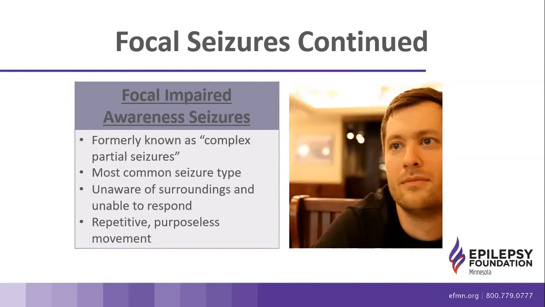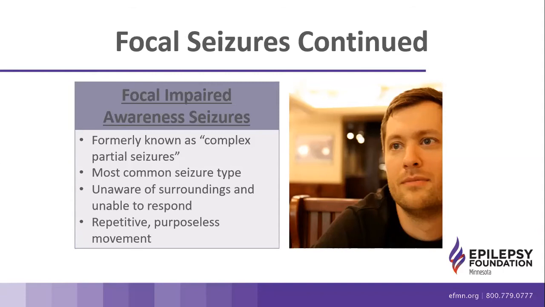And oftentimes what happens is the person will be functioning normally, and all of a sudden it's almost like a switch goes off and they start to do some purposeless movements. They mumble and don't make any sense. They appear glazed over or aren't responding normally, but they're doing some unusual movements that have no meaning. They might stand up and begin to wander, for instance.